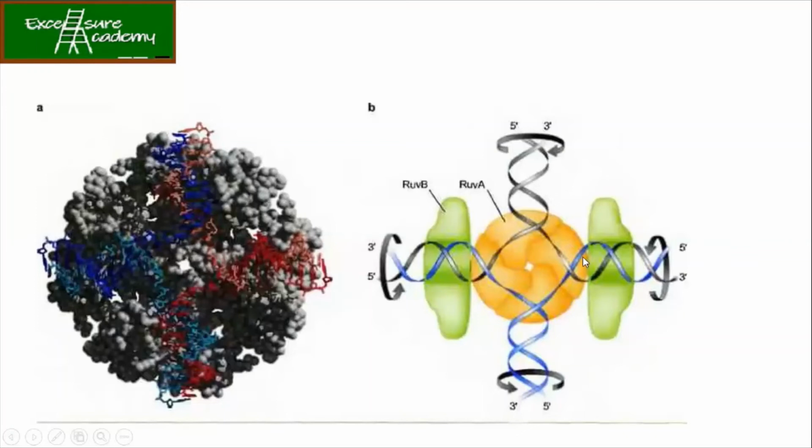Now the question is whether RuvB can bind over here also. Is it possible? What do you think, guys? Is it possible for RuvB to bind in this direction also?